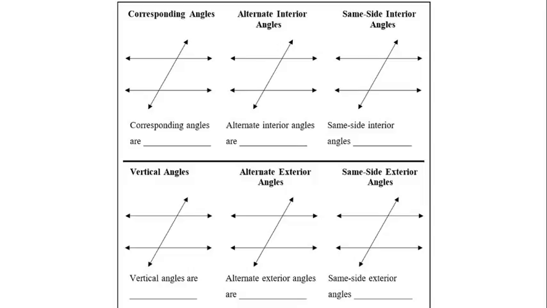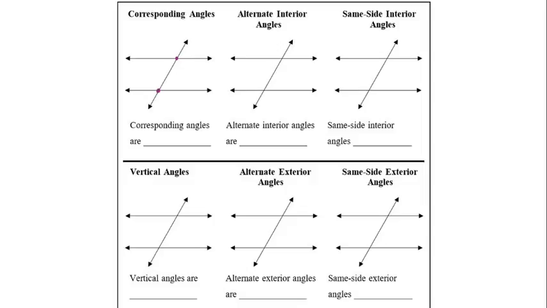Okay, now that you're done pasting that cutout in there, let's go ahead and talk about all of our different postulates that we're going to have here. Let's talk about corresponding angles. Corresponding angles are those angles which share a similar position in relation to the vertex after the cut.